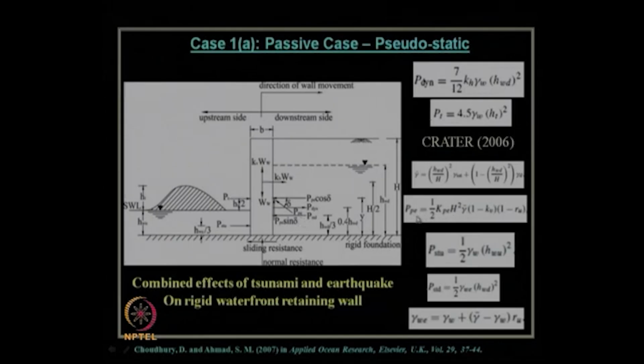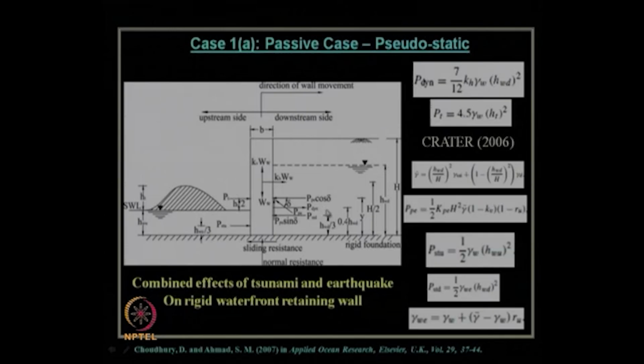In this case, PPE, as we have mentioned, we are using the pseudostatic approach. The similar equation of Mononobe-Okabe is used here, which gives half Kpe, where Kpe is the seismic passive earth pressure coefficient, times H square. Remember, instead of gamma, now we have defined another parameter, gamma bar. Why gamma bar?